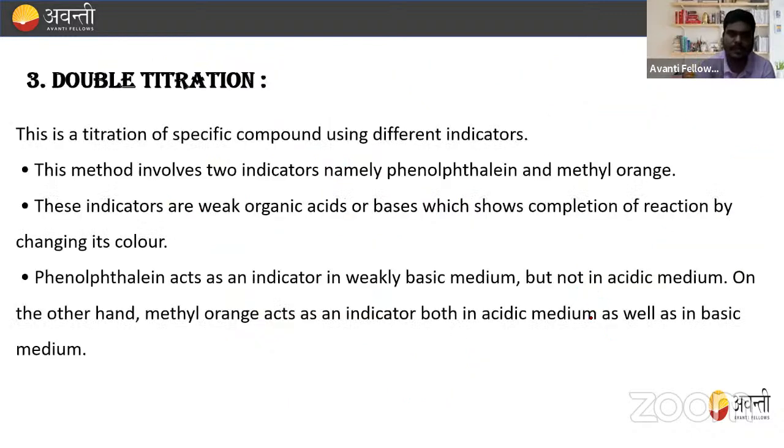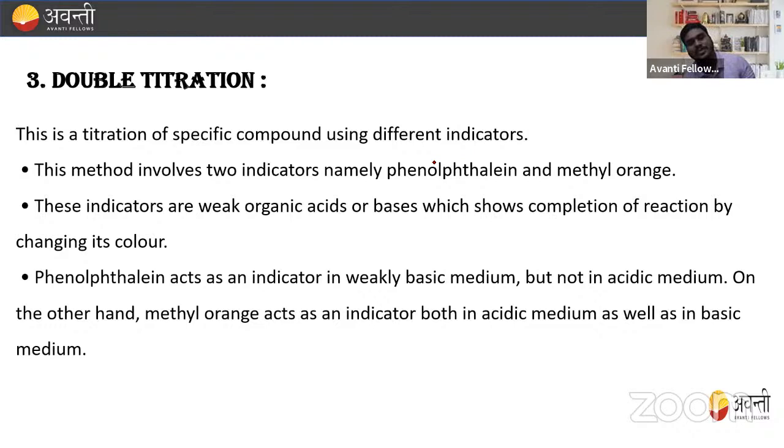Okay, good. Now, the third type of titration is called double titration. So what does double titration mean? It is the titration of a specific compound using different indicators. It is done only for selected compounds. This method involves two indicators, namely phenolphthalein and methyl orange.